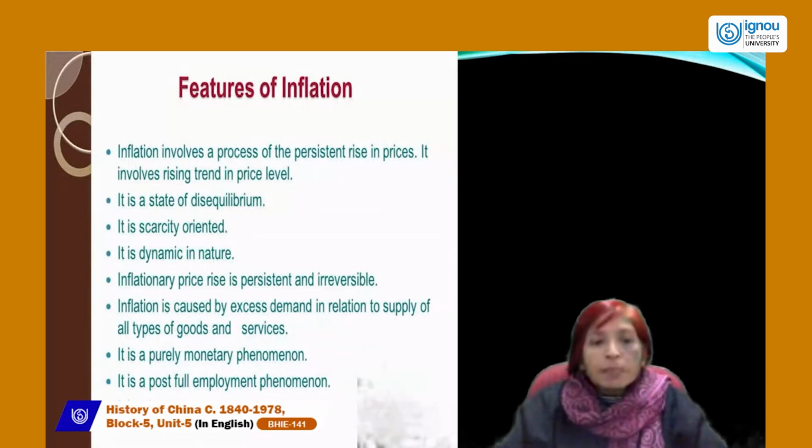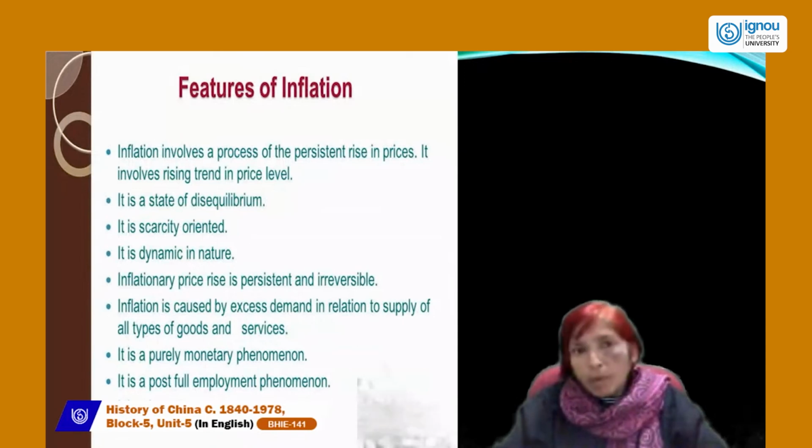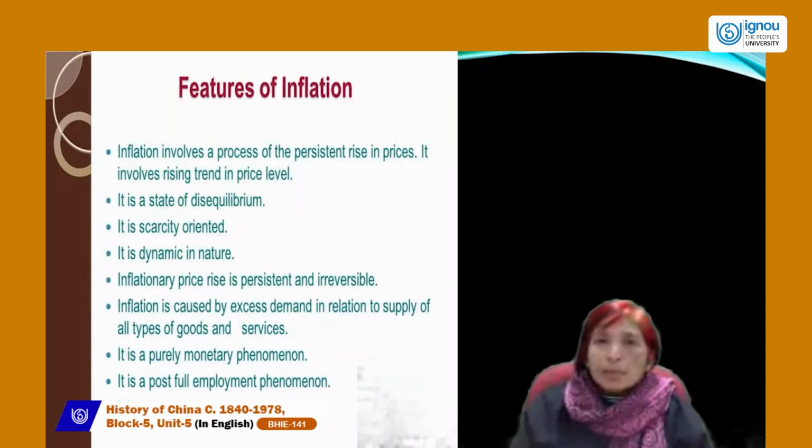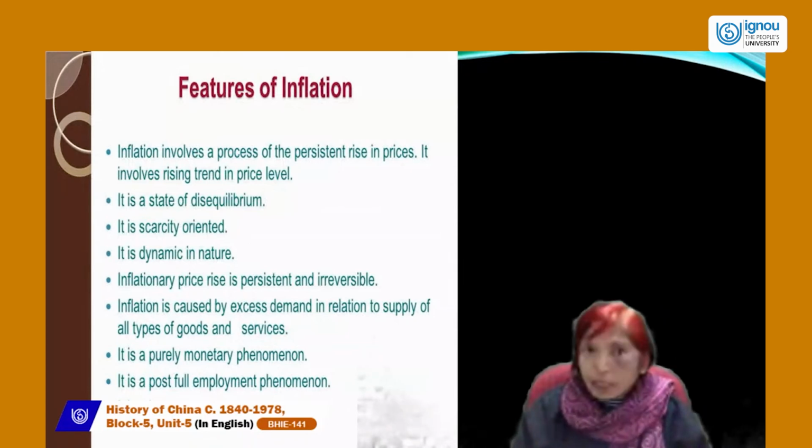According to Milton Friedman, it's purely monetary because inflation occurs when money supply increases. And money supply is increased by RBI, because in India RBI is the apex institution of monetary authority, and it has a monopoly power of issuing paper currency, coins, notes, etc.